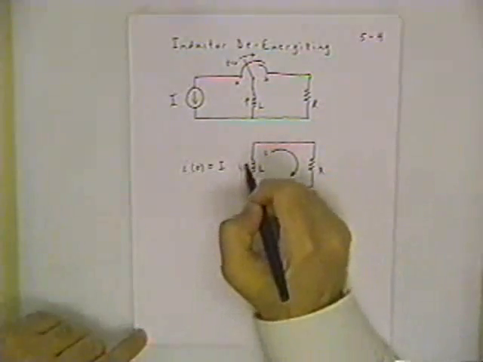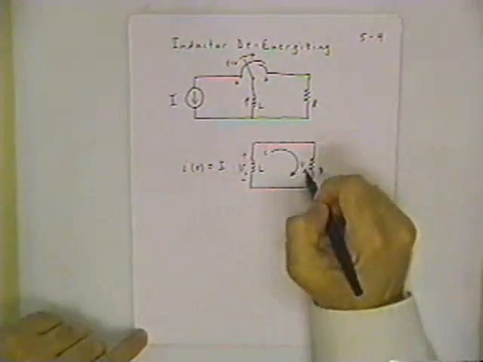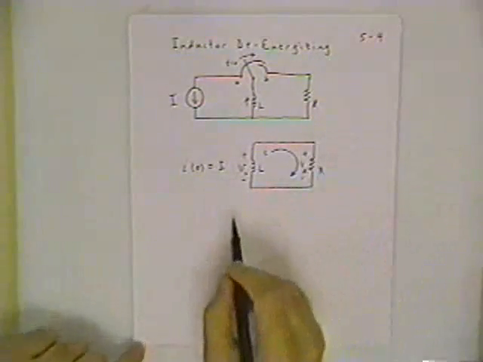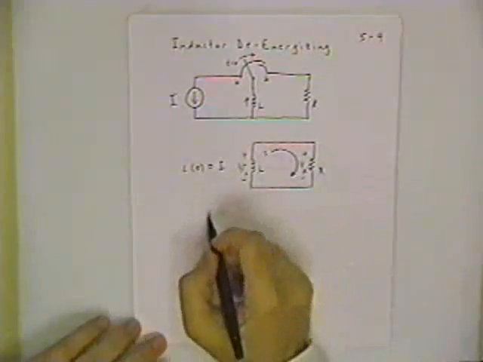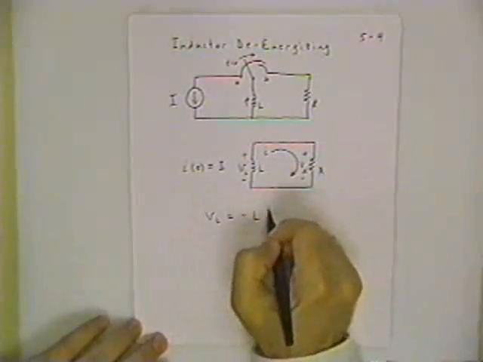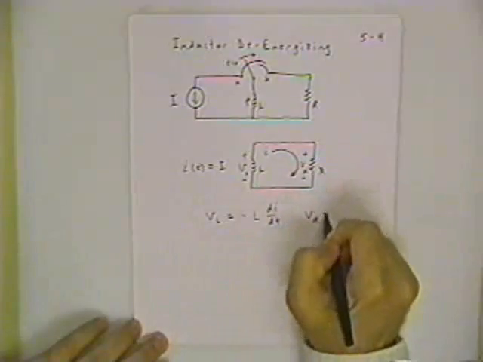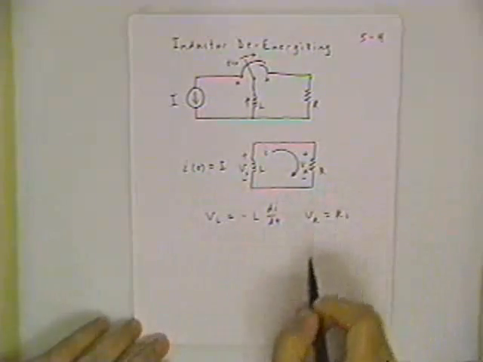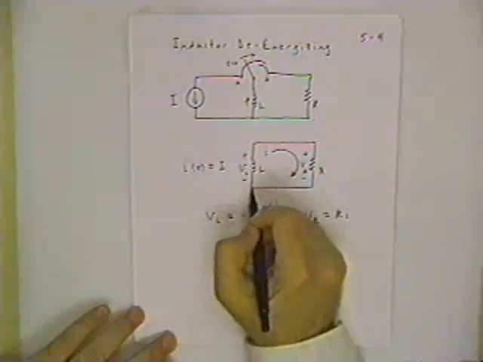Just as we had passive sign convention for the capacitor, we've got passive sign convention for the inductor. In this case, with the current going from lower to higher potential, the inductor voltage is minus L di/dt. For the resistor, you always have R times I. So now we can set up our differential equation from the Kirchhoff law.